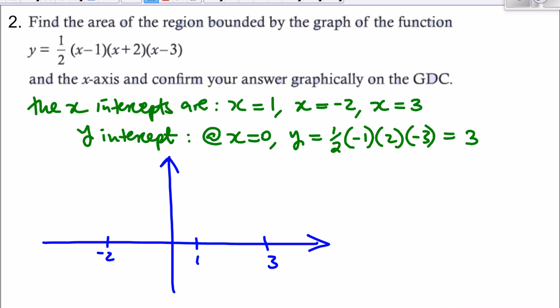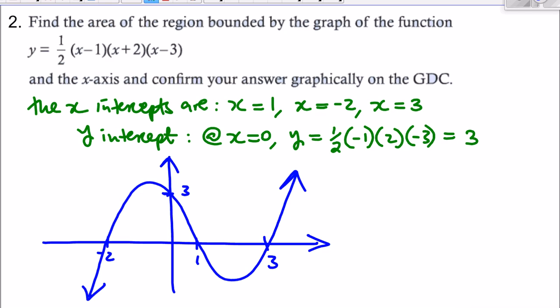Our function's leading coefficient is positive. It's a cubic function, which means we'll end up with something like that. Not exactly, but something like that. The y-intercept is 3, so somewhere there, 3.